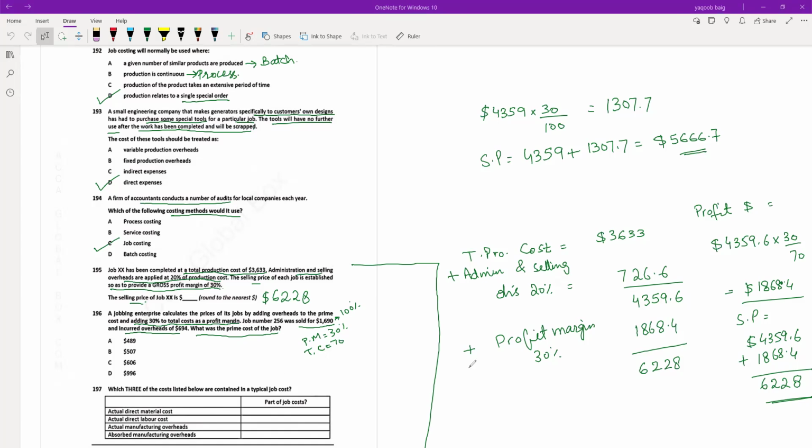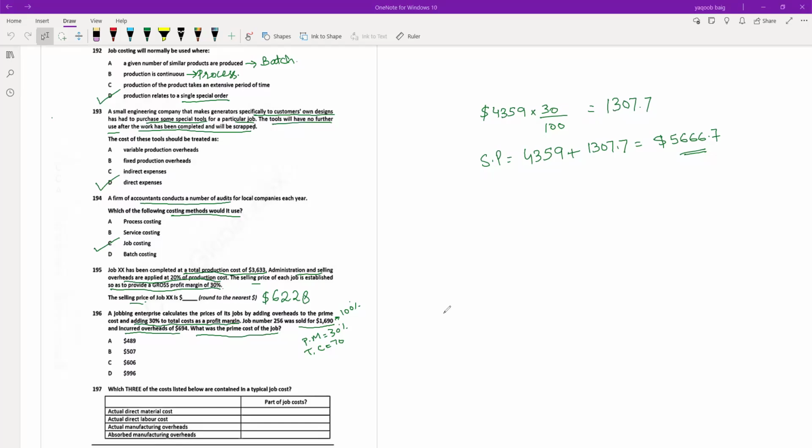So now we will calculate total cost is equal to 1690. This one is representing 100%. So, and 70% is our total cost.